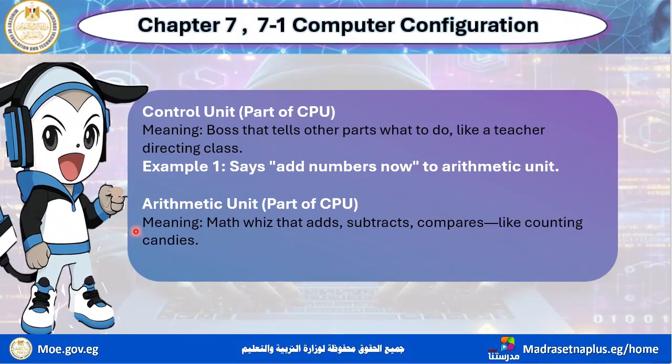So this is the arithmetic unit, okay? And as an example, 2 plus 3 equals 5. So who does this mathematics? Well, it's the arithmetic unit. So it does all the math: subtraction, division, addition, sum, whatever, okay? It does it.